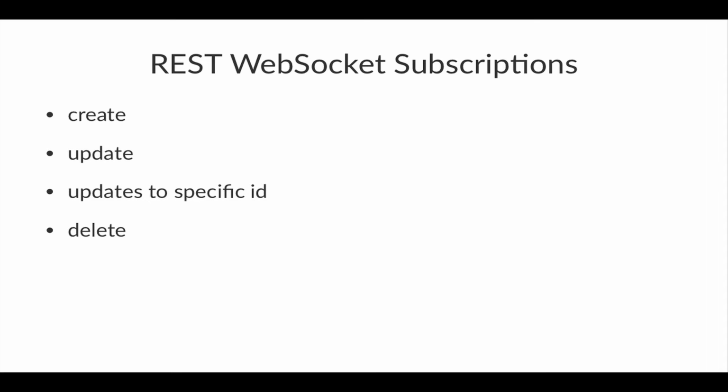Delete, you can see where this is going: if you delete a live blog, you can get a notification about that, or when a specific ID is deleted. These are the default events that you can subscribe to in our REST WebSocket. You're not limited to these, but this is the default set of events.